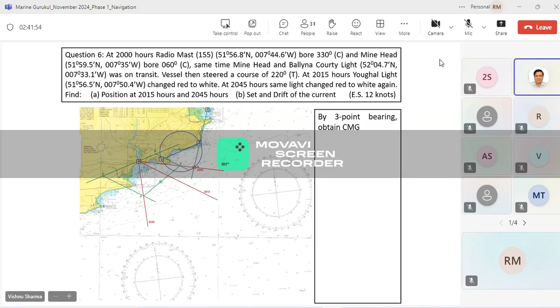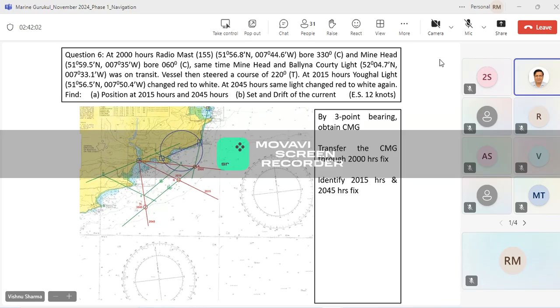Now, if I transfer the CMG through the 2000 fix, I'll get all the positions. This part is being repeated, so I don't think anybody should have any problems with this. G will be the fix at 2015 and H will be the fix at 2045. You can transfer their lat long on the answer sheet and close it out. Am I right, guys? Yes or no? Correct? Yes, sir.